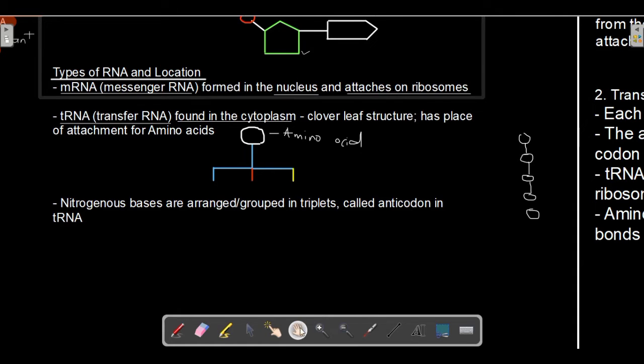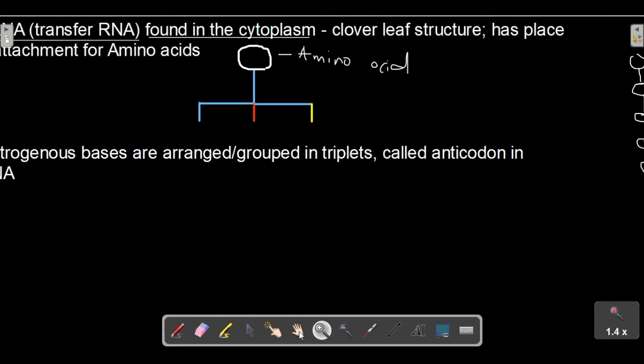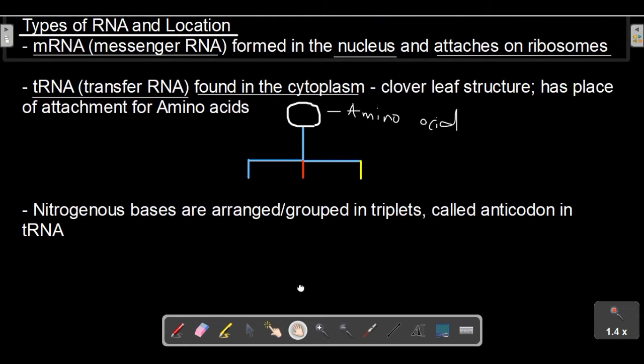Okay, right. So of course, as you can see here, this tRNA has space for actually three nitrogenous bases. Okay, three nitrogenous bases. So you'd find out that could be written adenine, uracil, and guanine.